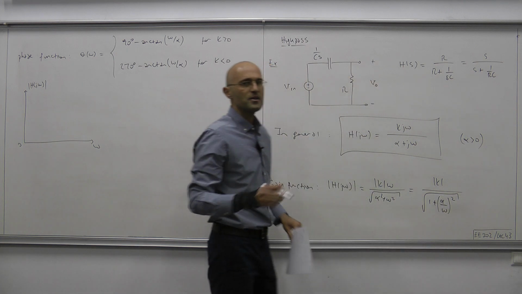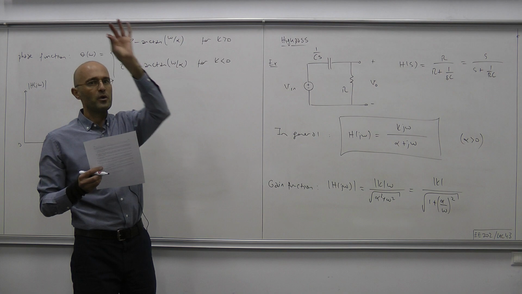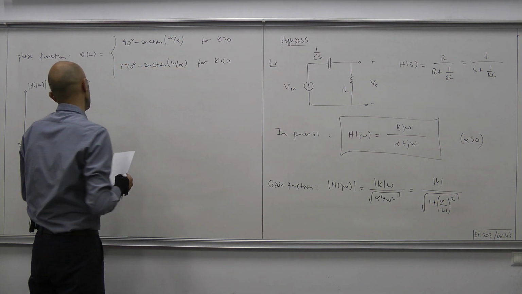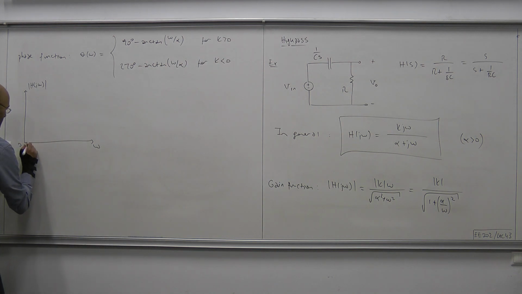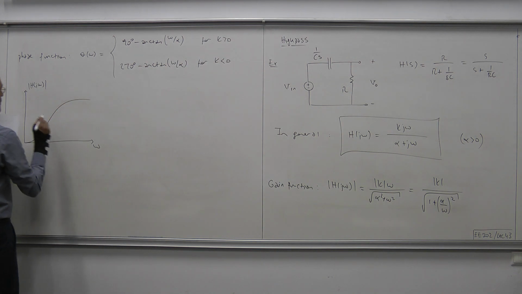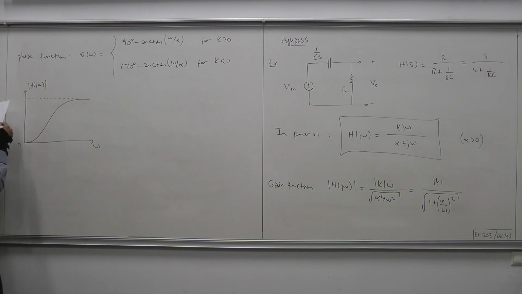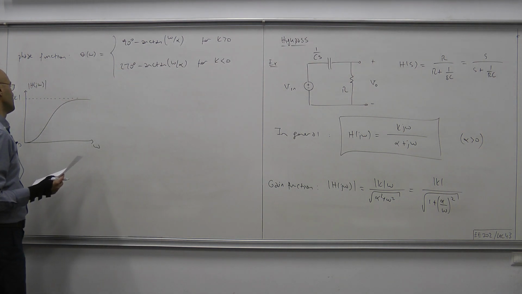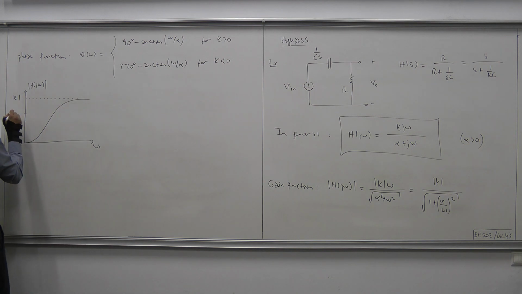So we start from 0 gain, and as omega increases we approach monotonically the value k. Okay, so here is the gain function. And the maximum is attained at infinity, and that's the magnitude of k.